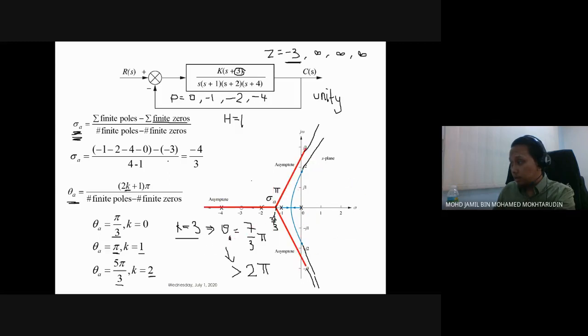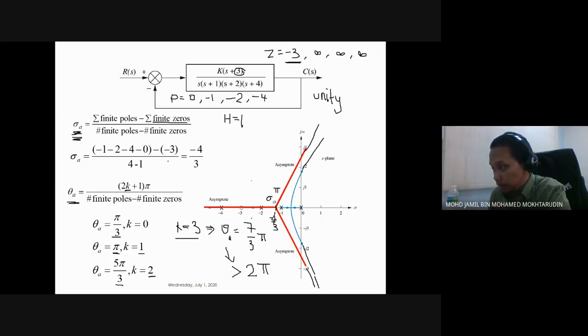So these three lines here are the asymptotes. If you look at the asymptote on the real axis, generally, the asymptote on the real axis is not considered as an asymptote, meaning that the root locus will cross the real axis.